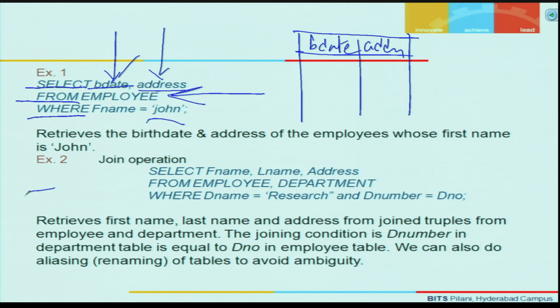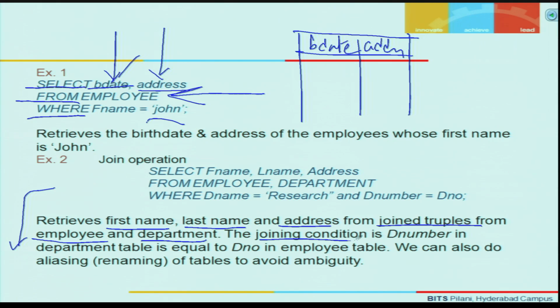Then we can also perform the join operation. Suppose you want to extract some information by joining the tuples which are spread across more than one table, then I can specify this join operation in the where clause itself. Let us have a look at this. I want to retrieve the first name, last name and address from the joined tuples from tables employee and department.